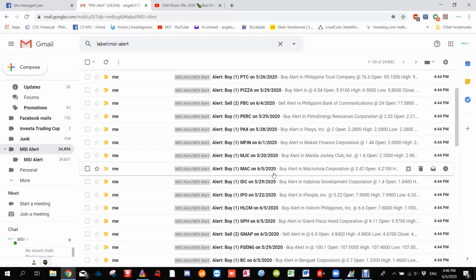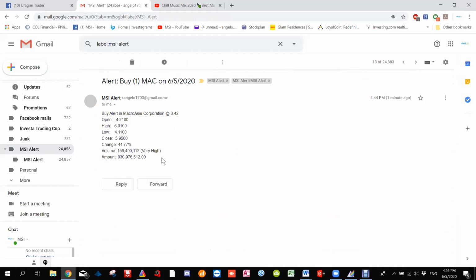Yung MAC nagbigay siya ng signal earlier at ayan, pag in-open nyo yung email, makikita nyo, bibigyan kayo ng open, high, low, close at percent change niya. Okay? So this is within a 5-minute time frame. Okay?